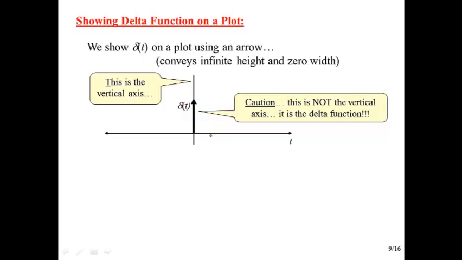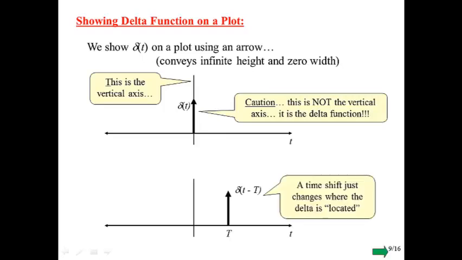Now we'll stumble across this a few other times as the course goes along. Obviously, if we were to shift this, here I'm showing t positive, and it shifts to the right, and we get the delta function that's been shifted. If t were negative, this thing would shift to the left. Obviously this picture assumes that t is positive, but we could think of it as a general case.